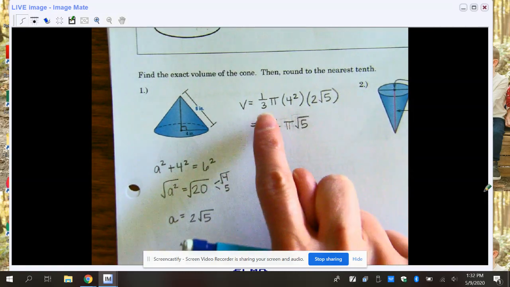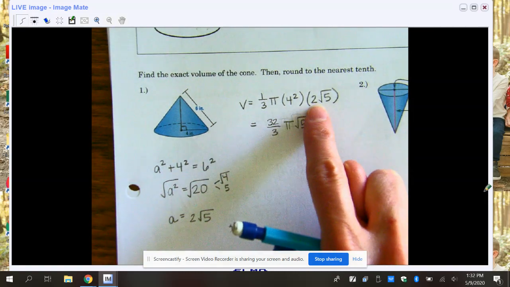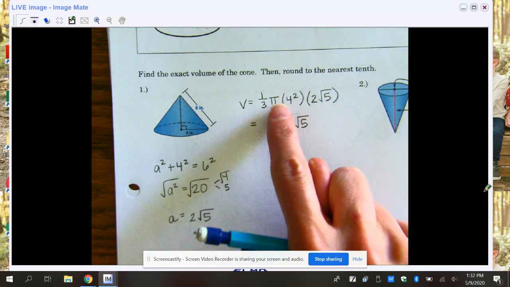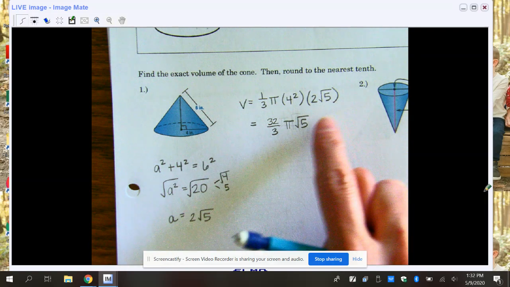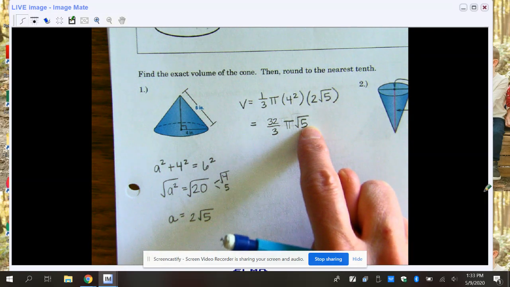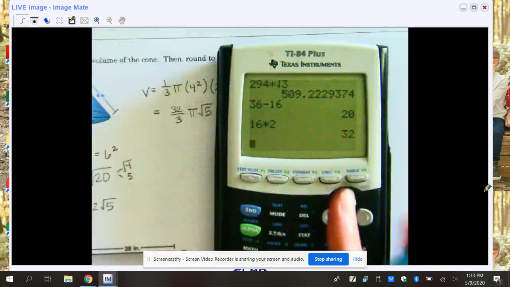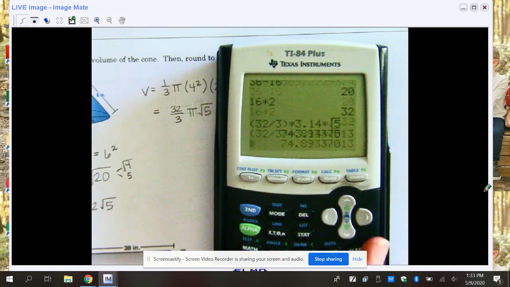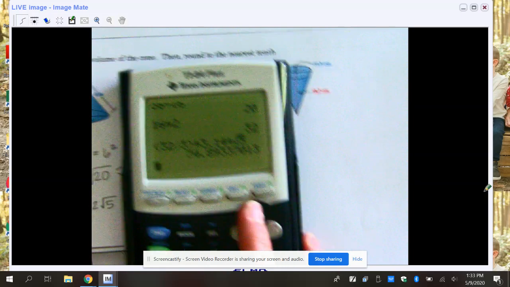The numerical values are 1/3 times 4 squared times 2, which is the 32 over 3, times pi times the square root of 5. Okay, and so now to find our approximate answer, I'll put that 32 over 3 in parentheses. Anytime you have a fraction, whether it's 1/3 or not, put it in parentheses, times 3.14 times the square root of 5, we're going to get 74.9.